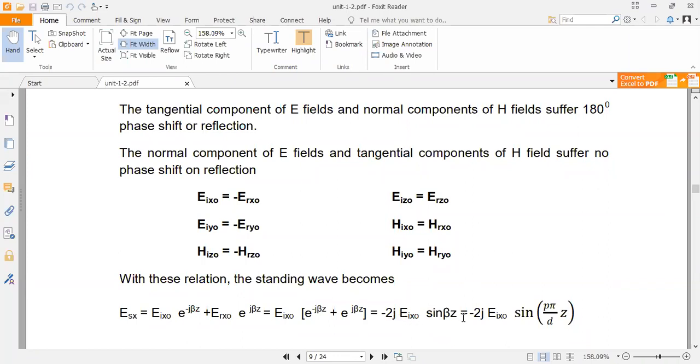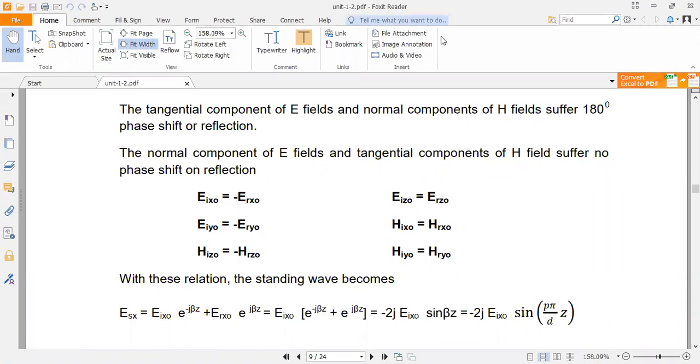What is beta? The condition is very, very important when it acts as a resonator, when it acts as an energy storage element. So when beta is equal to multiples of lambda g by 2. What are the resonating conditions?